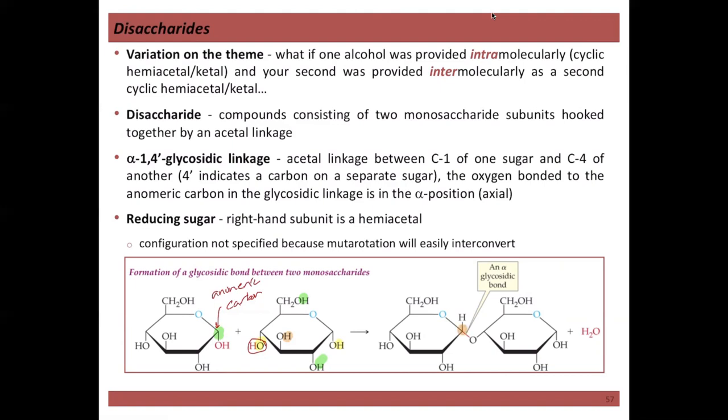So this anomeric carbon right here is an alpha anomer, and we're linking carbon 1 at that anomeric carbon to carbon 4. So in this case, we would refer to this as an alpha 1,4 glycosidic linkage or glycosidic bond.